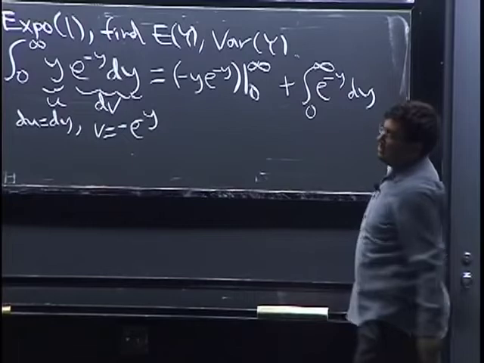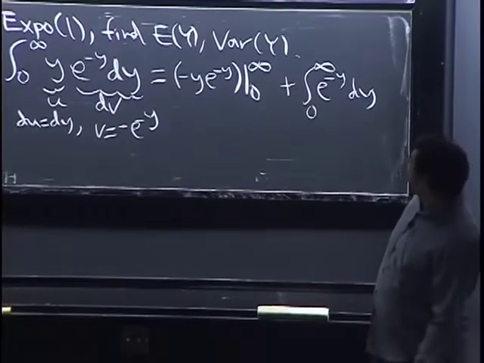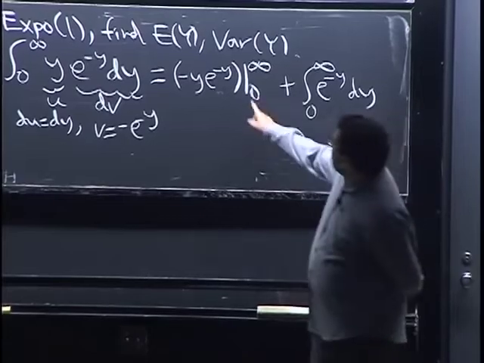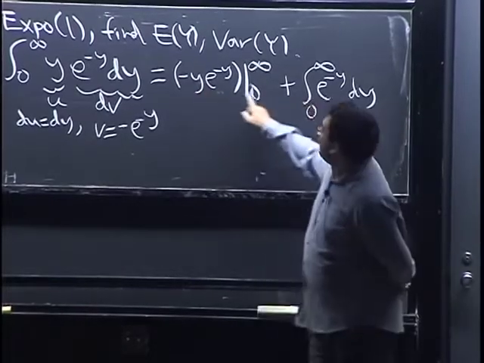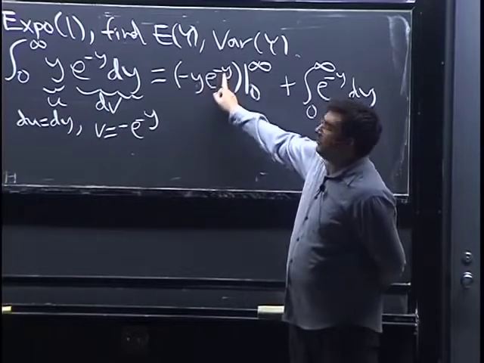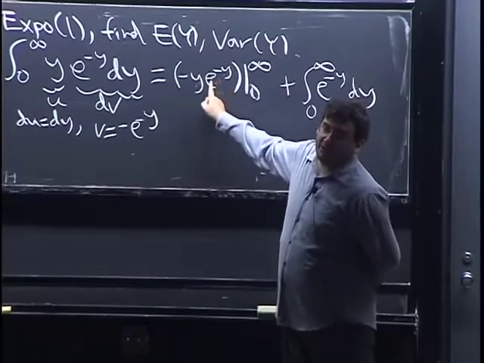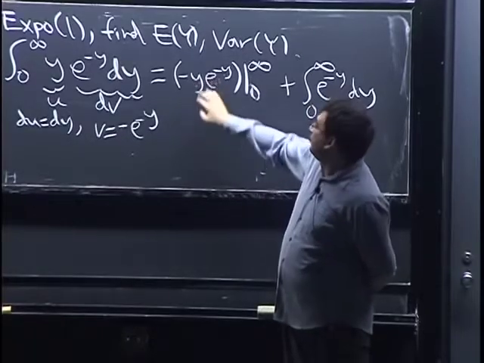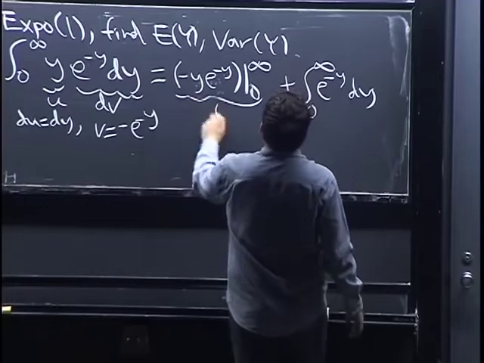So now we made it into an easy integral. This first part is 0, because if we plug in y equals 0, we just get 0. If we let y go to infinity, this y is going to infinity, but e to the minus y is going to 0 exponentially fast. This part's only growing linearly, so the exponential part is dominant. So this part is just 0.